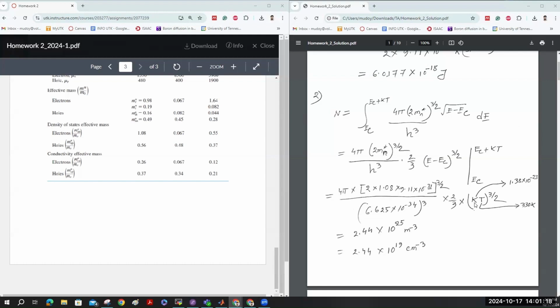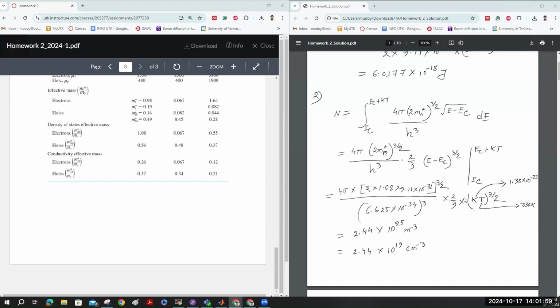And the other things are very straightforward. You have to just put the values like Boltzmann constant. You know that in SI unit it's 1.38 into 10 to the minus 23, and the temperature, sorry, is given 330 K. So if you want to calculate the integration result, where I told you that you have to put the upper limit and the lower limit in the place of E, you will get this.